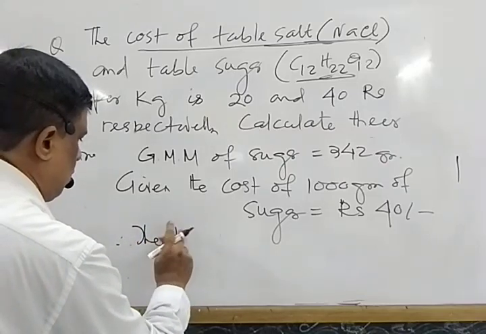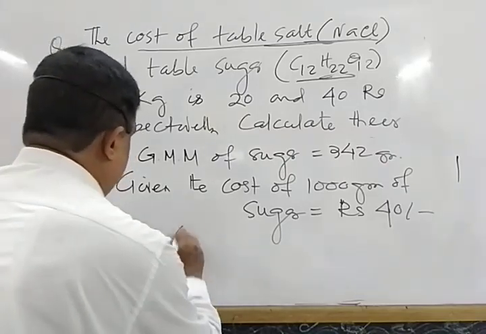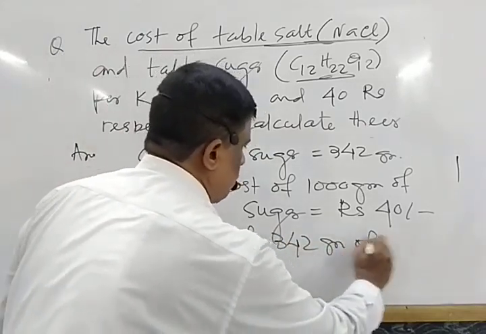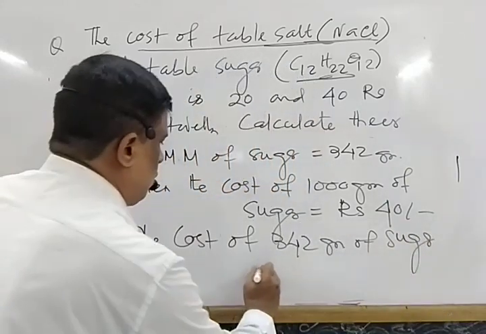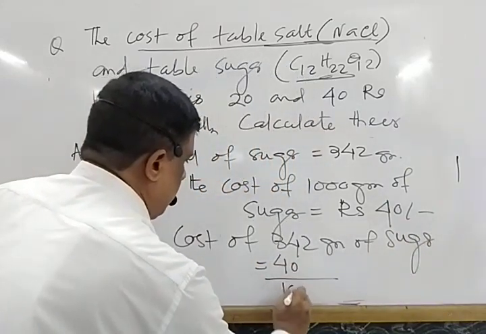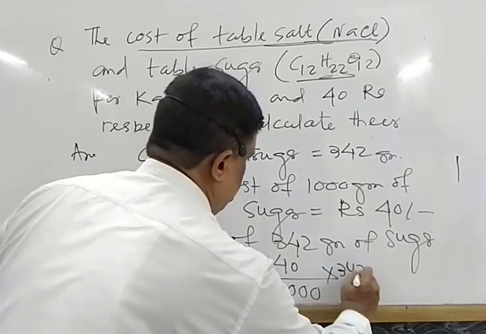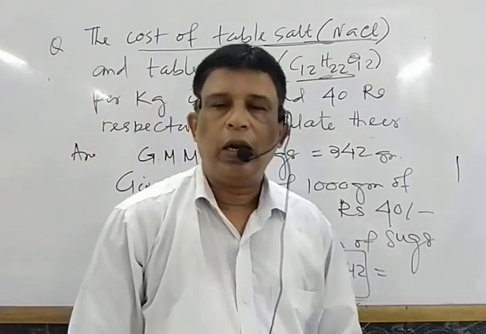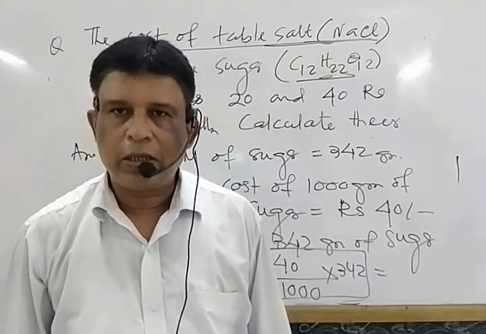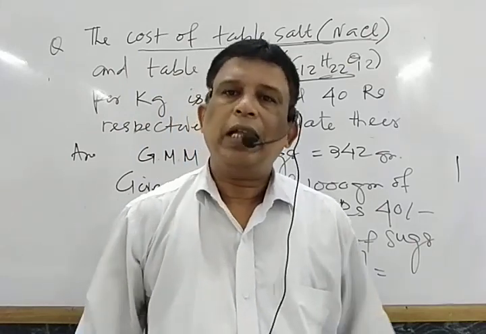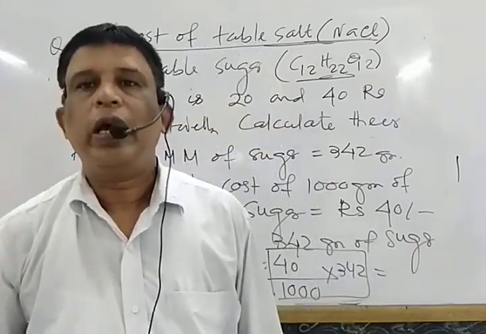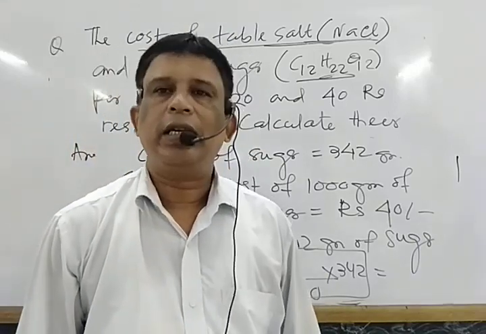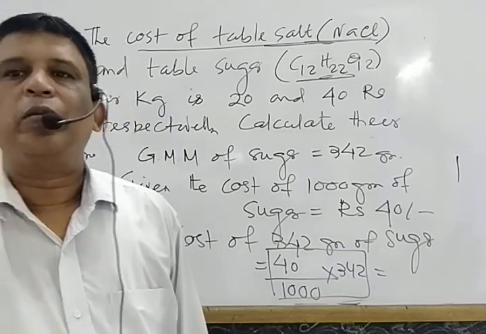Therefore the cost of 342 gram of sugar is equal to 40 divided by 1000 into 342. Solve this value. What is that value? It is equal to the total cost of 1 mole of sugar. Either your answer may be transferred into rupees or into pies. It is a little idea about the mole concept.